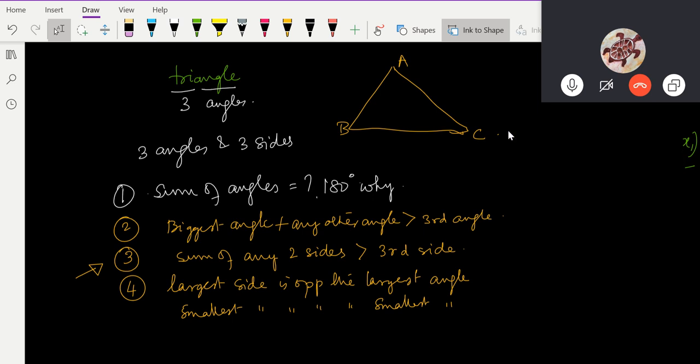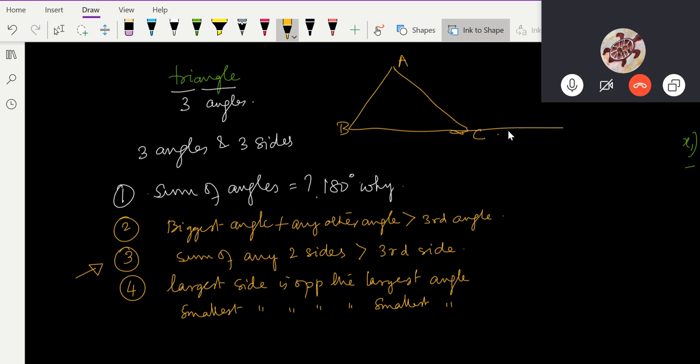We have to somehow relate the angles to the sides. How do we do that? There's one more property. If we extend BC, then by the exterior angle property. Exterior angle property.